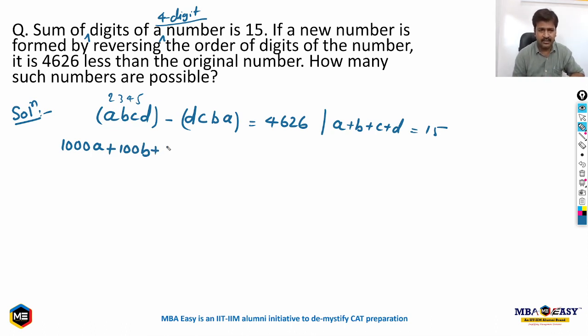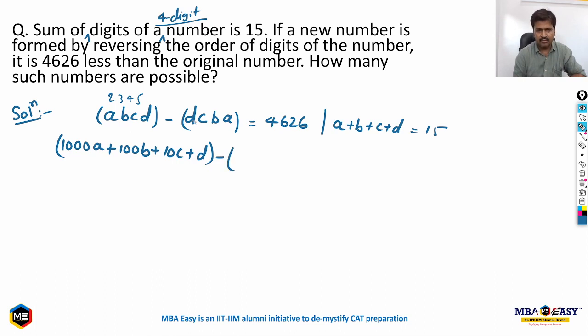So 40 is 10C, and then D is D only because unit place पे है, तो ये D हो जाएगा. So this is the value of ABCD, because if you write ABCD in equation form, it will become A into B into C into D, but ABCD is not A into B into C into D, right? ABCD as a 4-digit number is 1000A plus 100B plus 10C plus D.